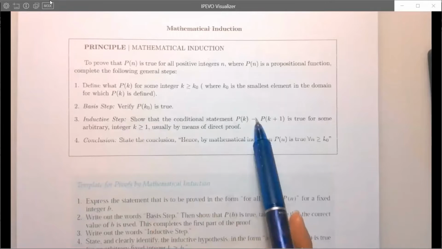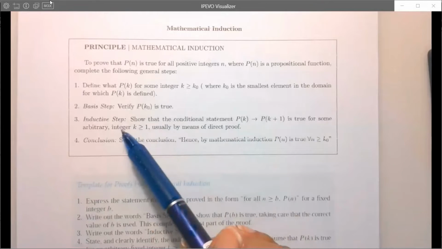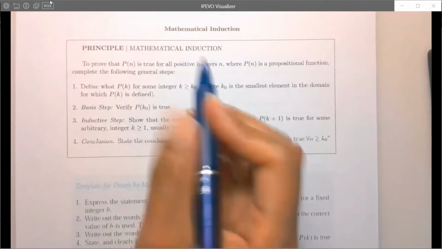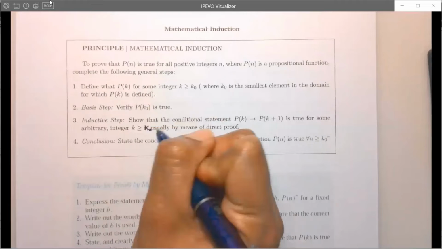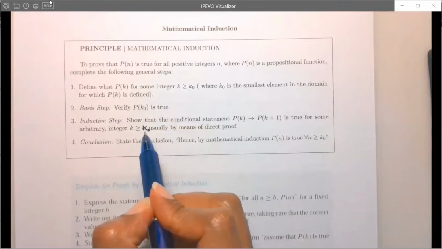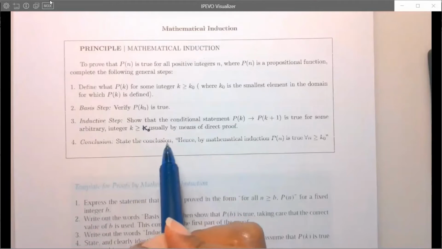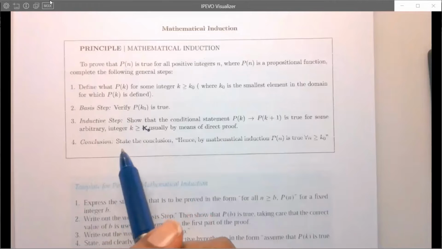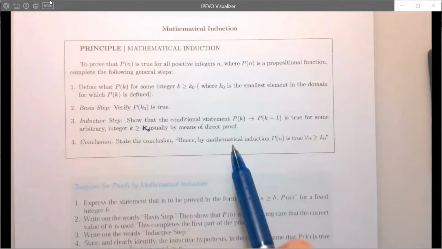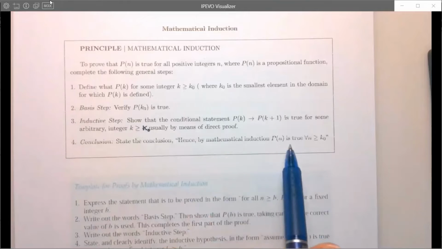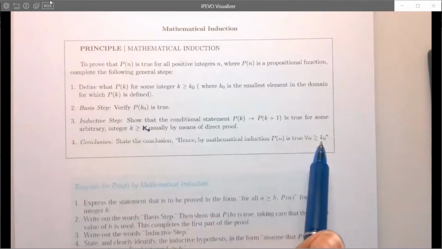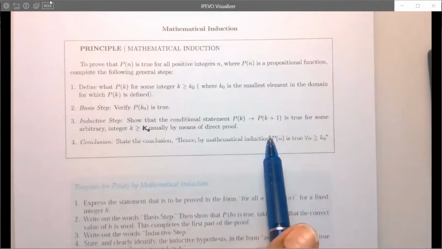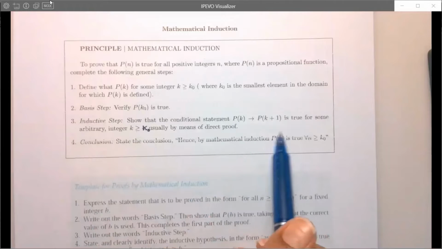So we show that that conditional statement is true for some arbitrary integer k that is greater than, and this here is a typo, probably doesn't appear in your lecture notes, but it should say for k greater than or equal to k0, which again, k0 is the smallest element in the domain. And finally, the conclusion step: hence by mathematical induction, P of n is true for every integer n that is greater than or equal to k0. And when it comes to an actual problem, you don't necessarily want to write P of n, you want to write the statement that P of n is representing.